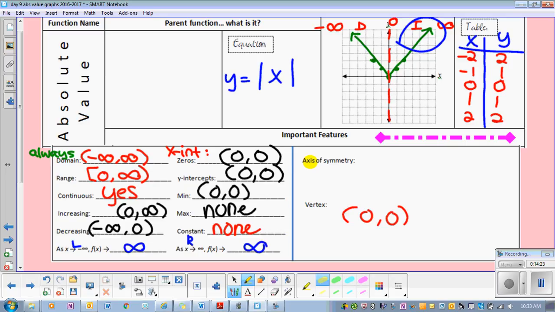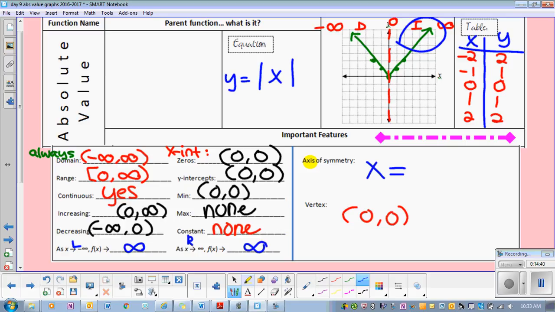Please remember it's always in the name. Axis of symmetry, x is. So you have to make sure you write x equals. Okay?